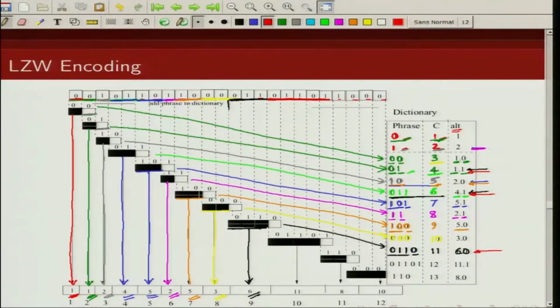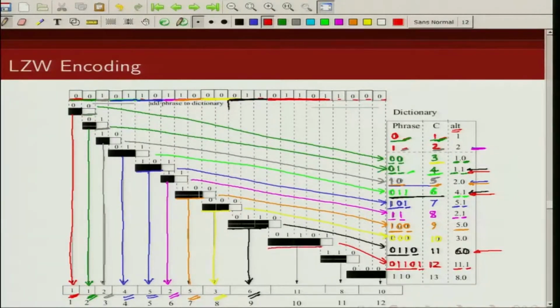So what we are going to do is put 0 1 1 0 1 in the dictionary, and that's code word number 12. And this can be written as the concatenation of the code word corresponding to 0 1 1 0, which is code word number 11, and this innovation symbol 1.